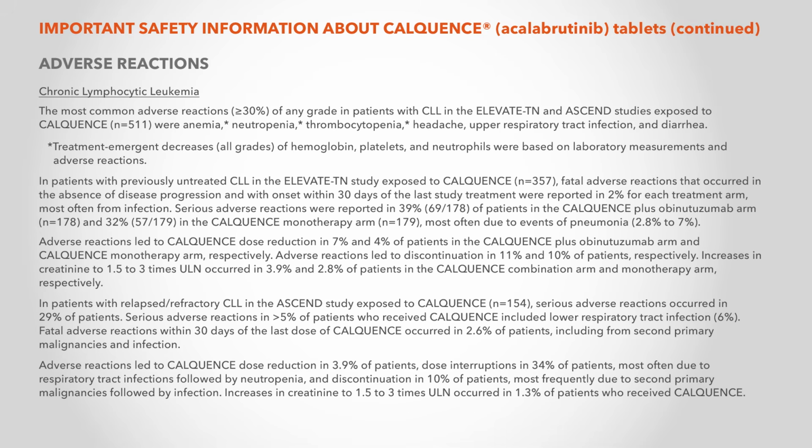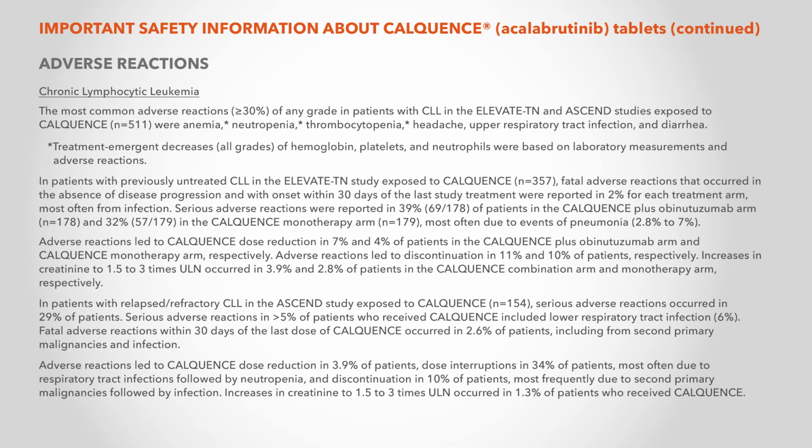Treatment-emergent decreases, all grades, of hemoglobin, platelets, and neutrophils were based on laboratory measurements and adverse reactions. In patients with previously untreated CLL in the ELEVATE-TN study exposed to CALQUENCE, N equals 357, fatal adverse reactions that occurred in the absence of disease progression and with onset within 30 days of the last study treatment were reported in 2% for each treatment arm, most often from infection.